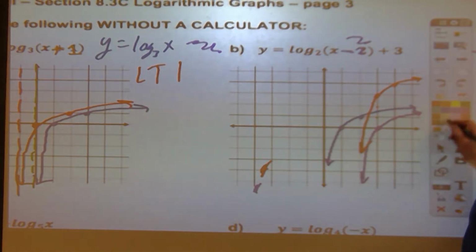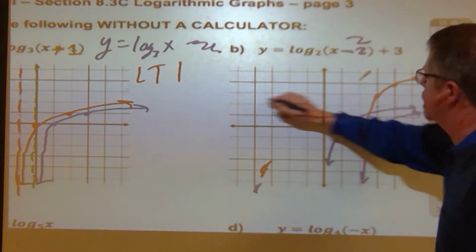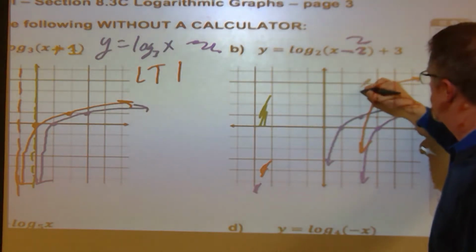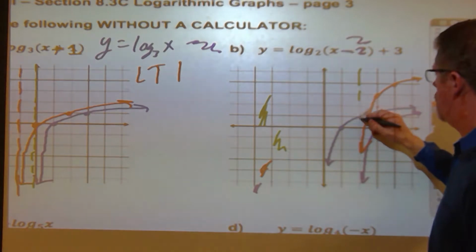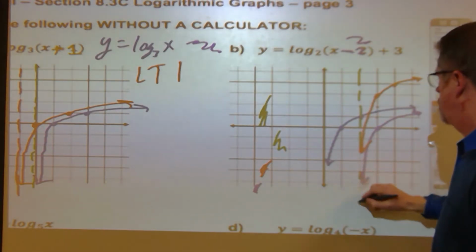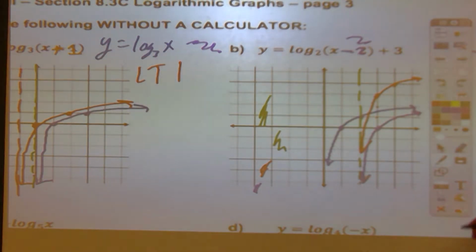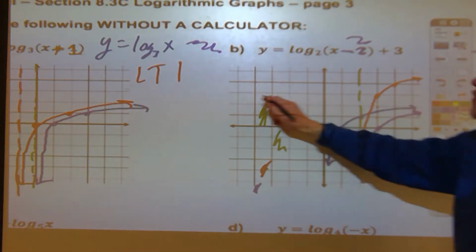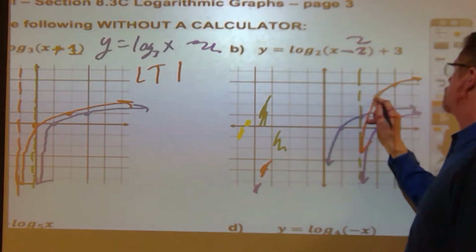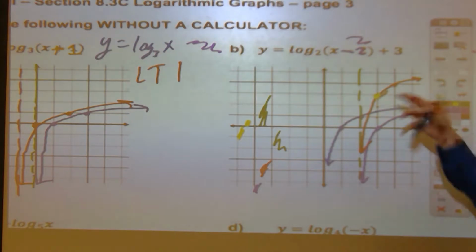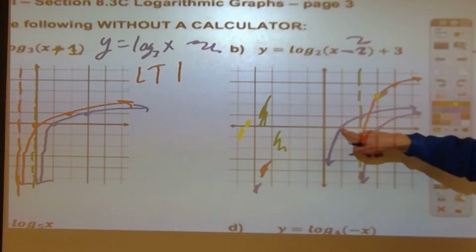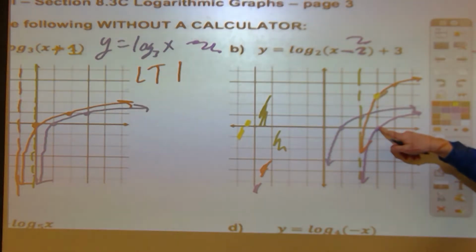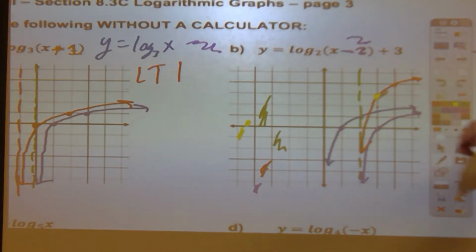And another thing you might notice about my solution sheets, I've always been putting the main point that we're tracing in yellow. So this was the point (1, 0), but we shifted it right 2 and up 3 to the point (3, 3).